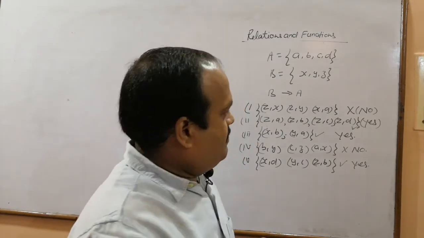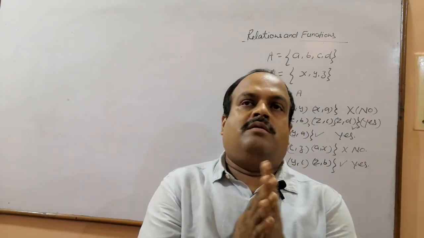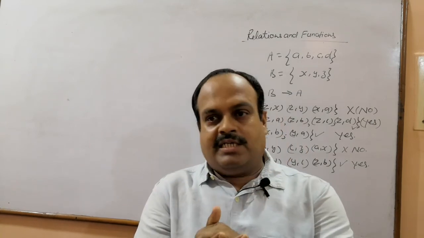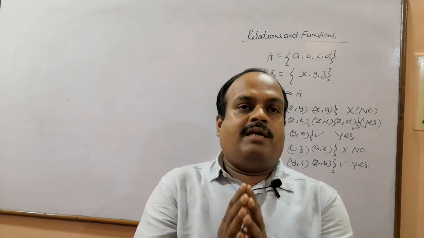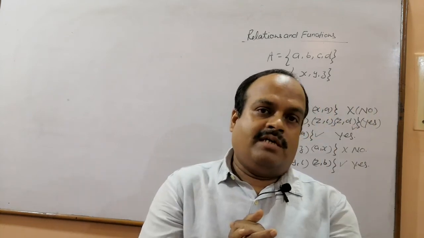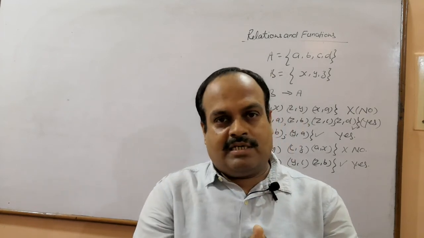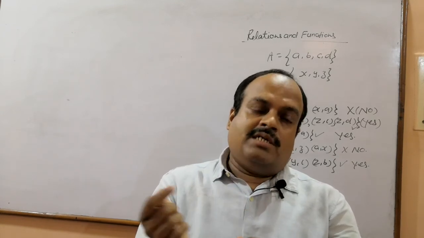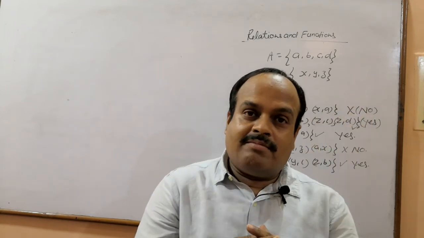So we have made enough discussion over the domain, range, codomain, the first entry, second entry, how a relation is defined, how a relation can be made using the given condition. We understood what the inverse of a relation is, and how to get the inverse of a relation when its elements are given.